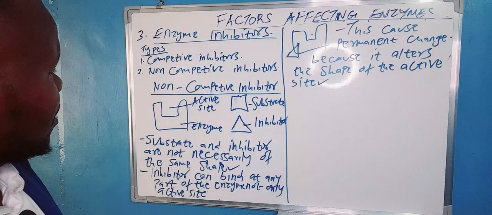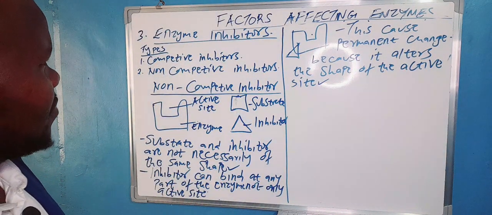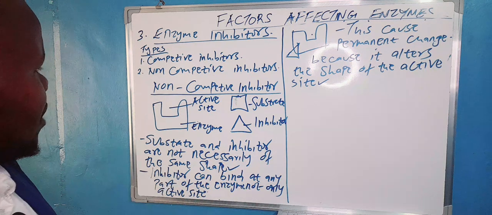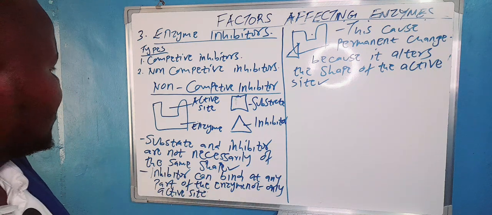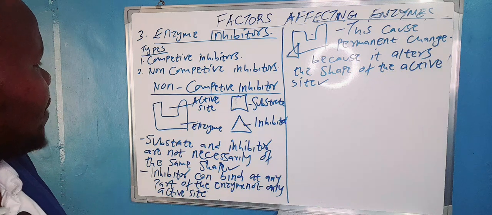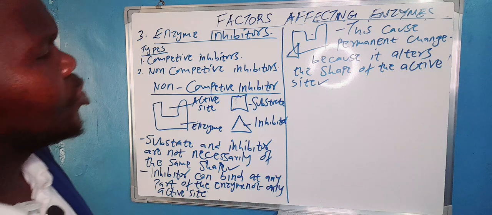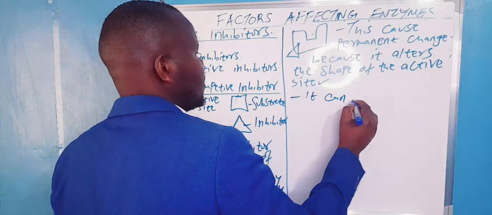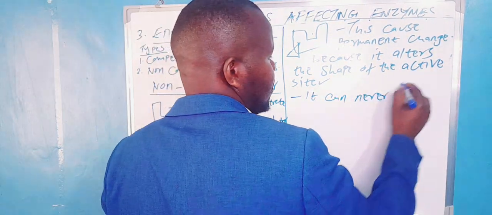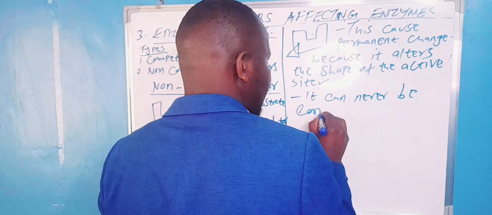Then the other thing that you should understand, I think those are just the main. You should know they are not necessarily of the same shape. About the binding, the inhibitor can bind at any part of the enzyme. So it means because it's causing permanent change, it can never be corrected.